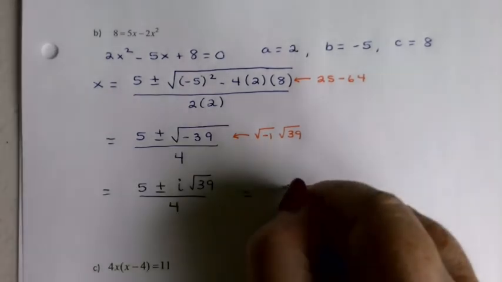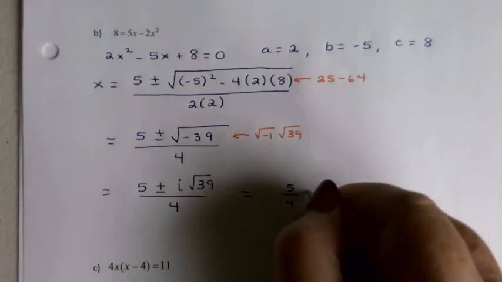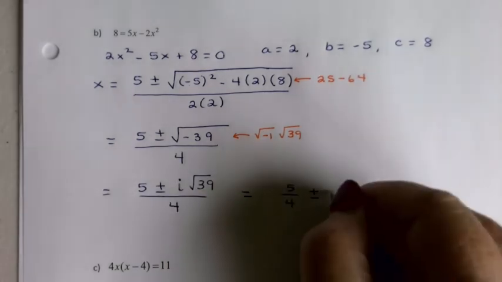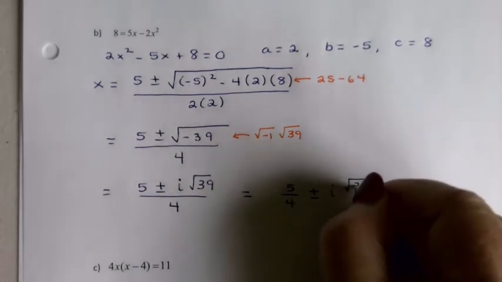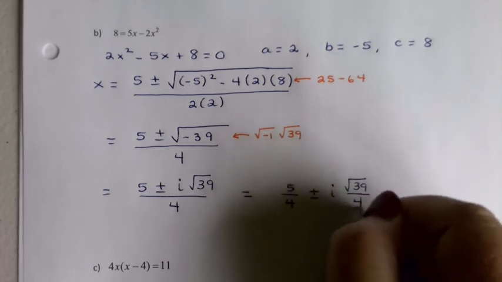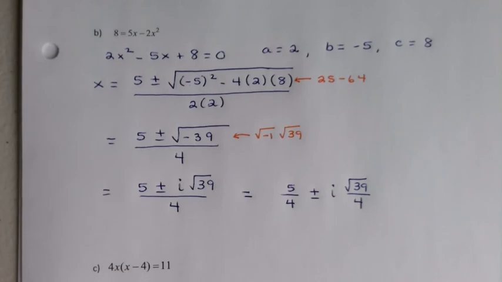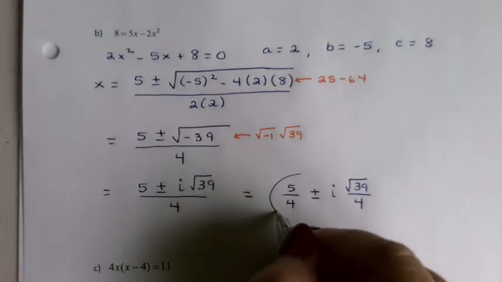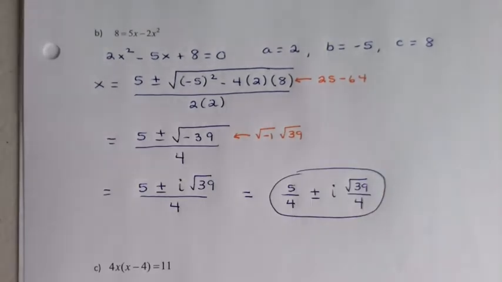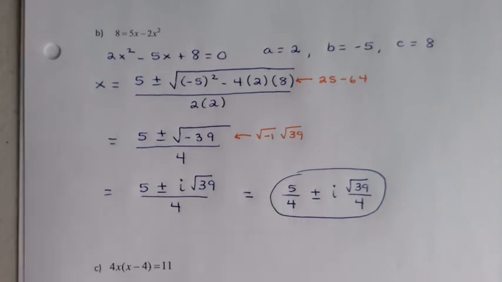I would write this as 5/4 plus or minus i times the square root of 39/4. A real part plus or minus an imaginary part. And again, I'm fine with leaving it just like that. Do watch, like in my math lab or something, they may make you write it out, type it out twice, once with a plus and once with a minus.